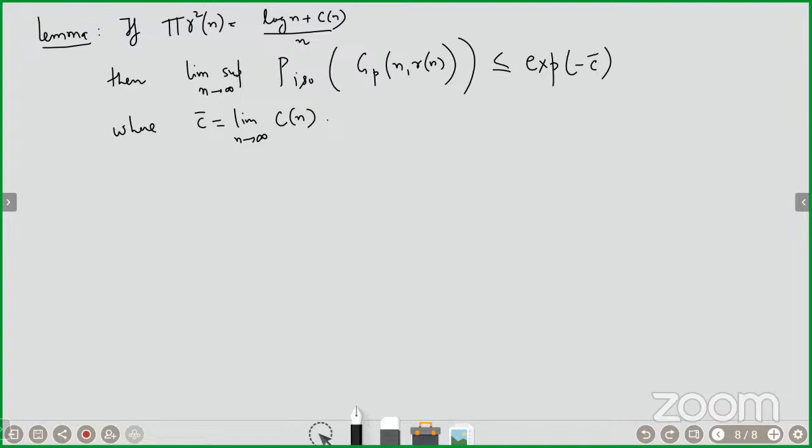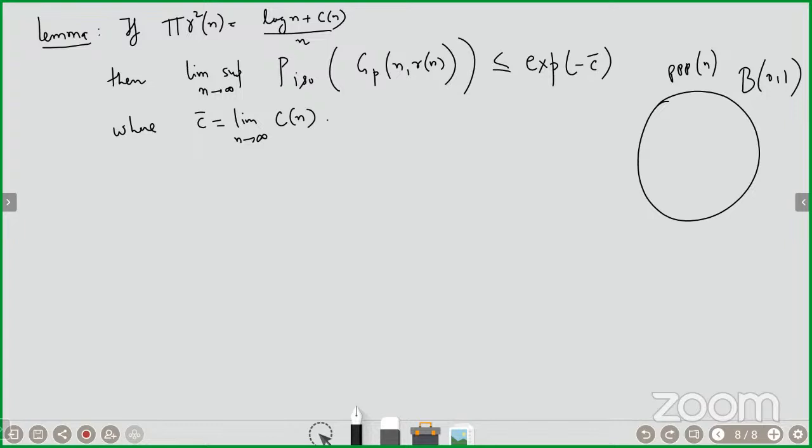So what is the probability that the number of points in GP of n comma Rn is equal to K? This is my B01. I'm looking at the PPP with density n over these points. So what is the probability that K points lie here? Basic definition of a Poisson point process: what is the probability of finding K points in a region of area A?